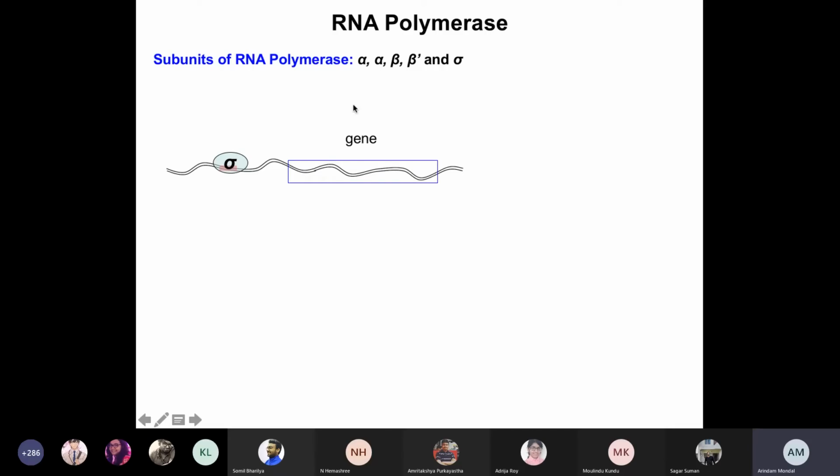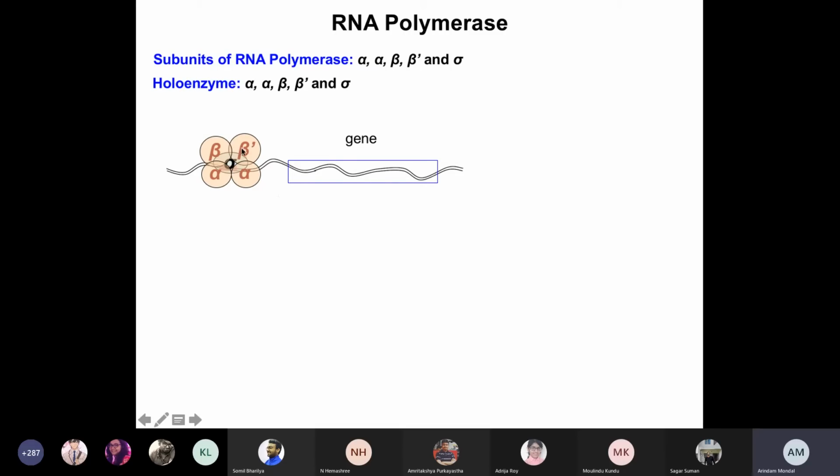So as the first step of the initiation, first the sigma subunit recognizes and binds with the promoter, and subsequently it recruits the other subunits of the RNA polymerase, which is now ready to initiate the transcription process. Okay, so that's why the complete enzyme, or the holoenzyme, is composed of alpha, alpha, beta, beta prime, as well as sigma.